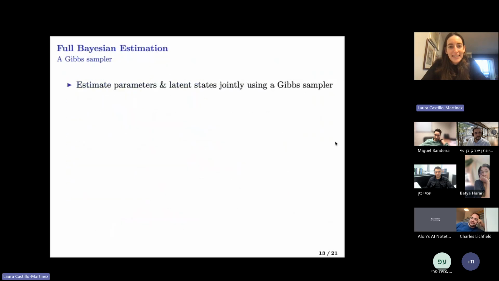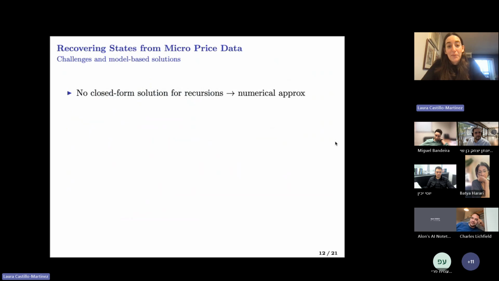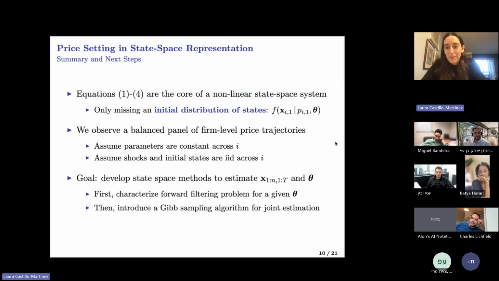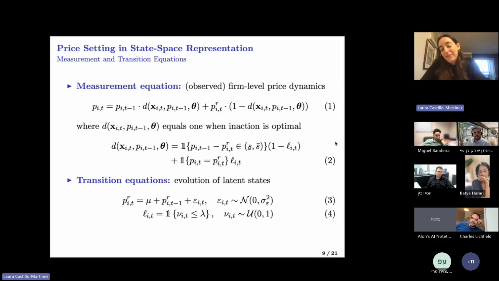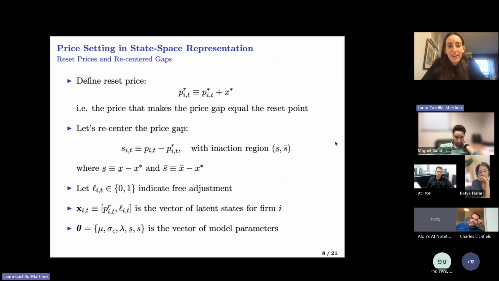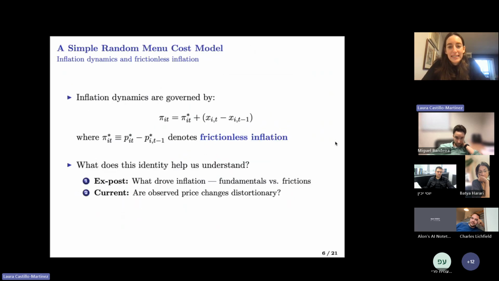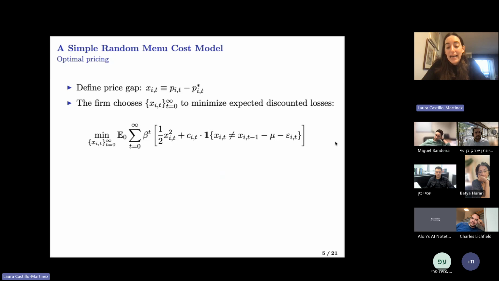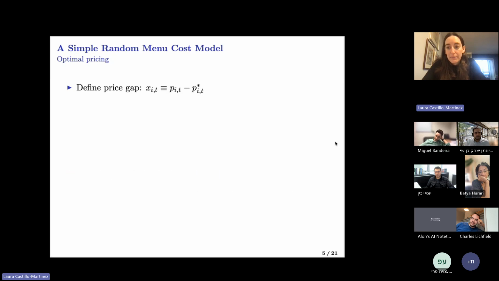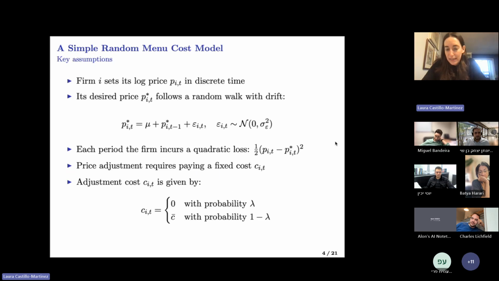Okay, so this is what Nakamura and Steinsson call a Calvo plus model, and it's their definition of a random menu cost. It's just this idea that we want to incorporate time-dependent and state-dependent nominal rigidities at the same time. So the way to do it is, normally you would have in a menu cost model some constant cost associated with changing prices, but with some probability that is going to collapse to zero.